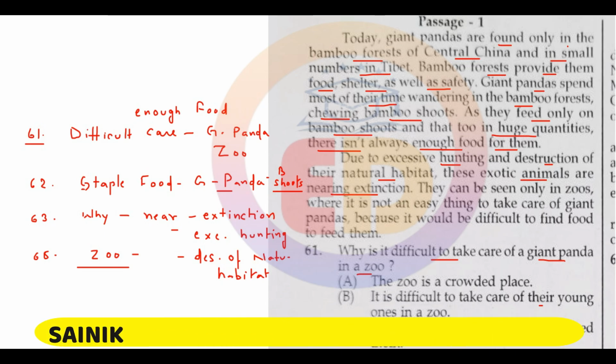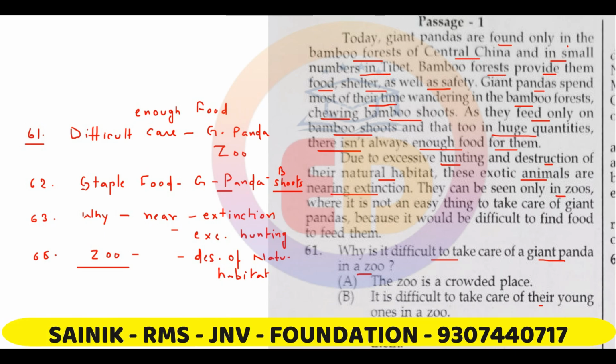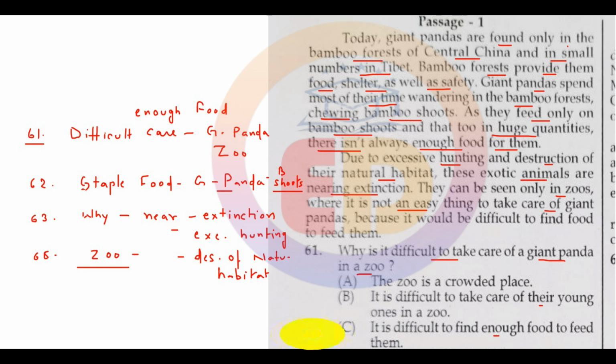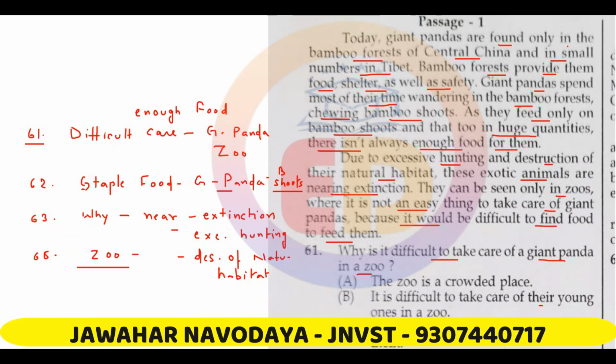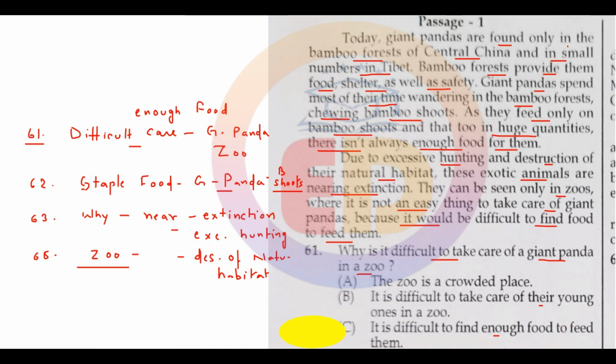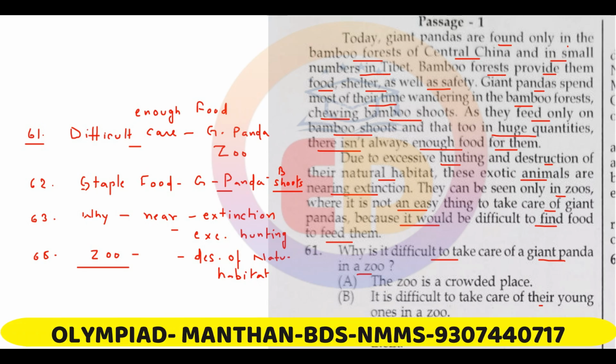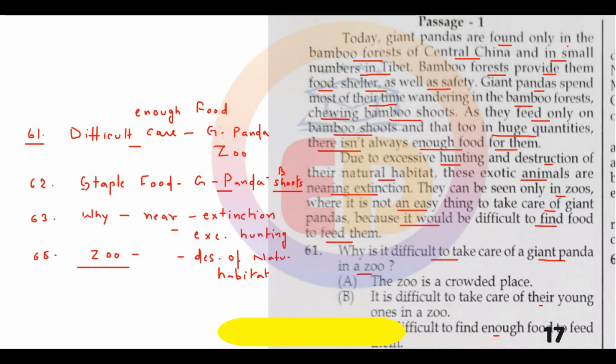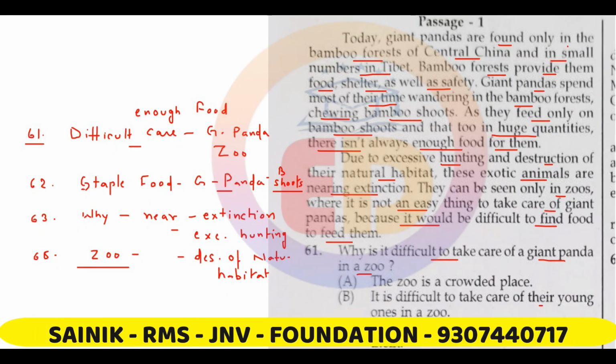They can be seen only in zoos, where it is not an easy thing to take care of giant pandas because it will be difficult to find food to feed them. Again, this confirms the answer to question number 61. Let's go ahead and mark the answer.